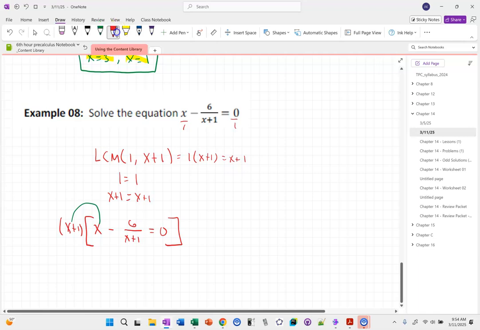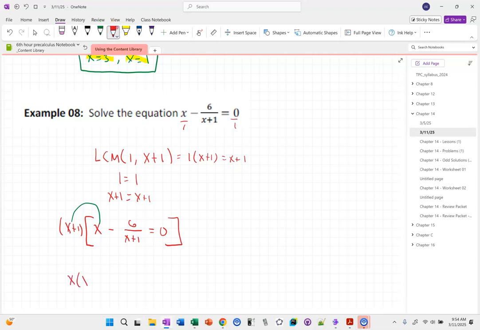So if I multiply the x plus 1 times x, I'm just going to write it as x times x plus 1 for now. We can distribute things out later. Then if I multiply x plus 1 times 6 over x plus 1, remember this is like multiplying fractions, so we multiply the tops together.